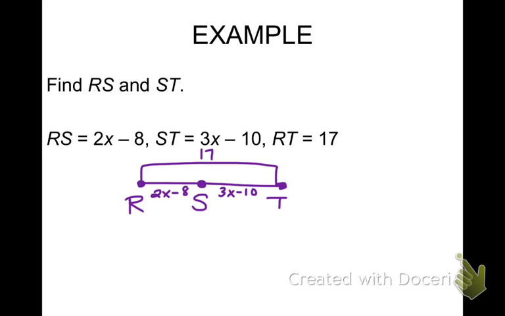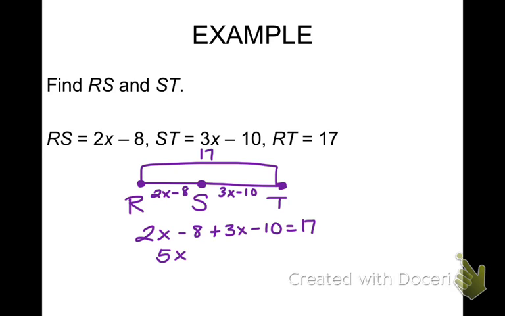So some of you guys already jumped ahead, which is great. 2x minus 8 plus 3x minus 10 equals the whole, which is 17. Combining like terms, 2x plus a 3x makes 5x.